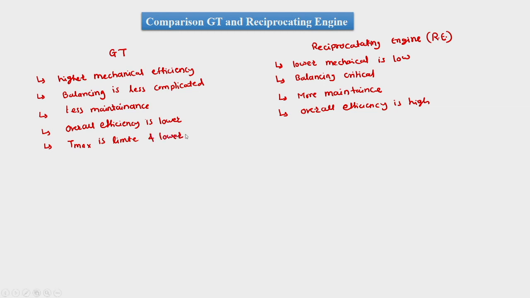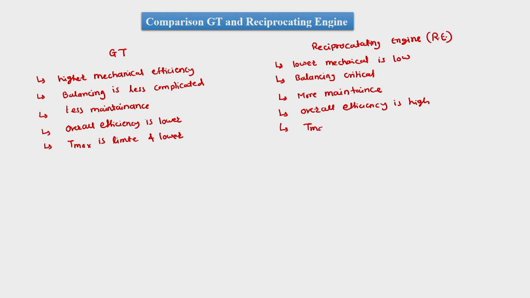The strength of the material exposed to high temperature decreases, and hence rotary components like turbine, when exposed to very high temperature, would have lower strength. Therefore, we cannot expose the gas turbines to very high temperature as we can expose the reciprocating engine in case of power generation.